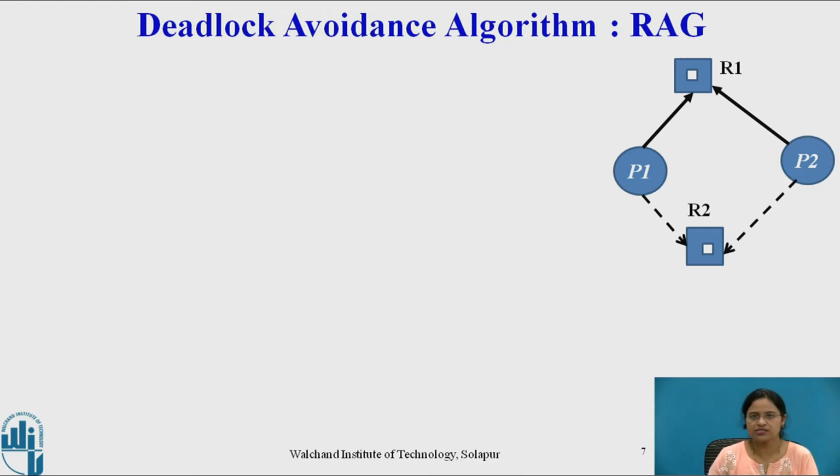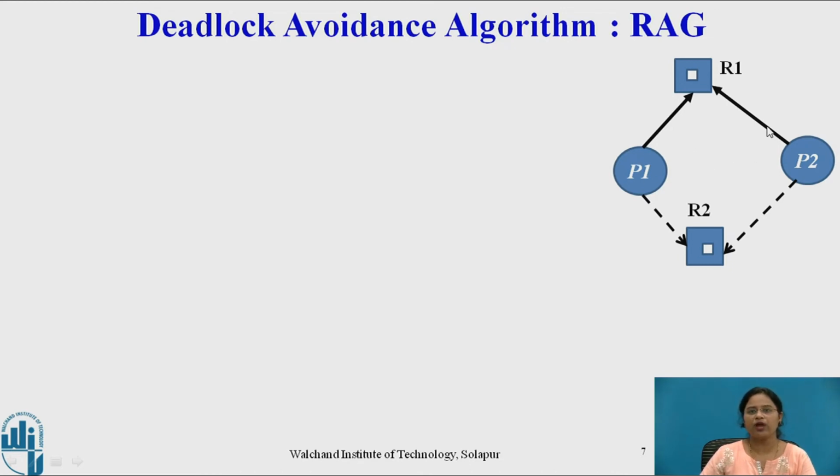Here we have two processes P1 and P2 and two resources R1 and R2. Now, how can we apply the resource allocation graph to avoid a deadlock? As shown here, process P1 may request resource R1. So, P1 to R1 is a request edge, and P2 to R1 is also a request edge. Right now, R1 is not allocated to any process.